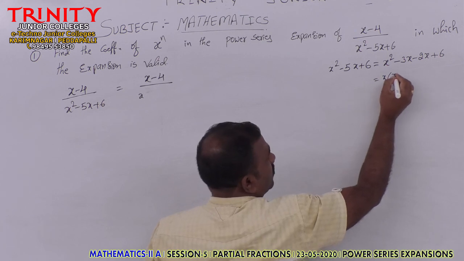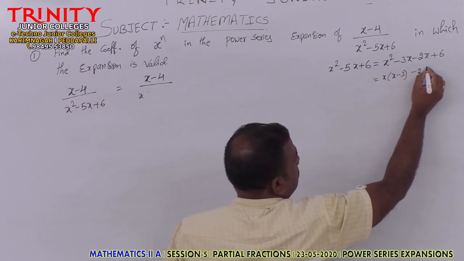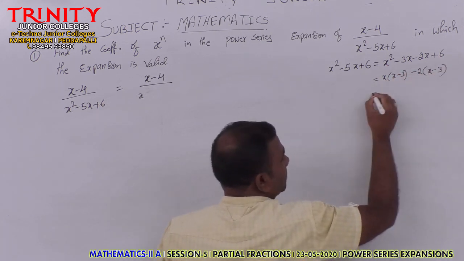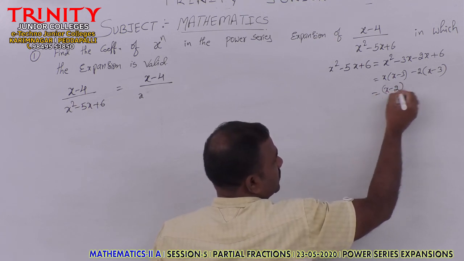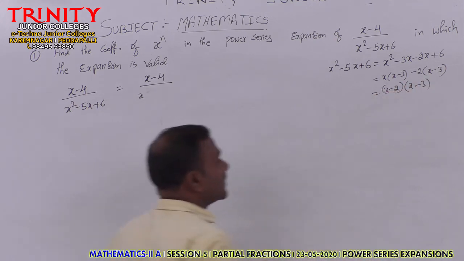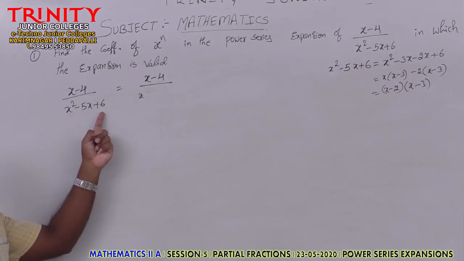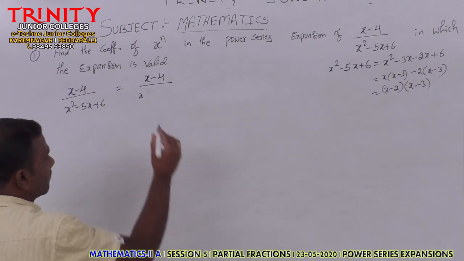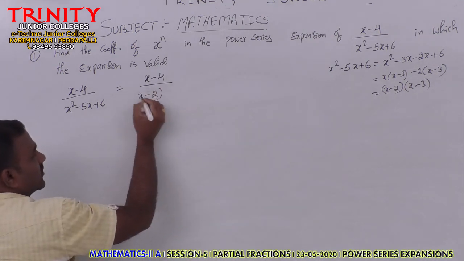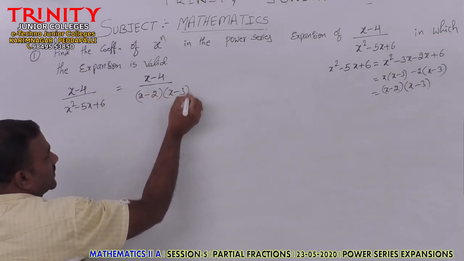Then x into x minus 3 minus 2 of x minus 3. Then this can be expressed as x minus 2 into x minus 3. Therefore, the quadratic polynomial x square minus 5x plus 6 can be expressed as the product of factors x minus 2 into x minus 3.